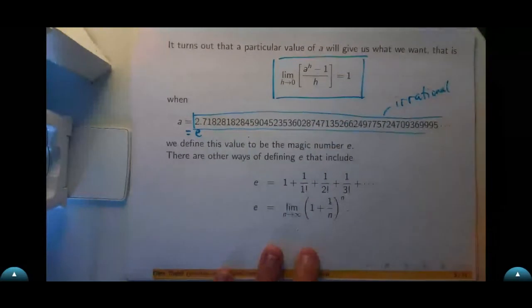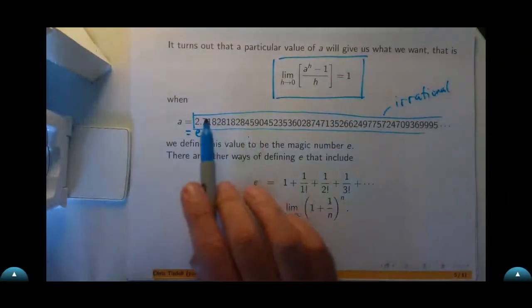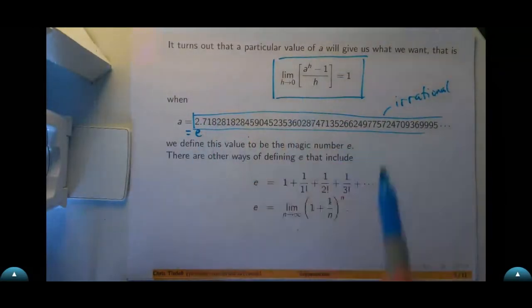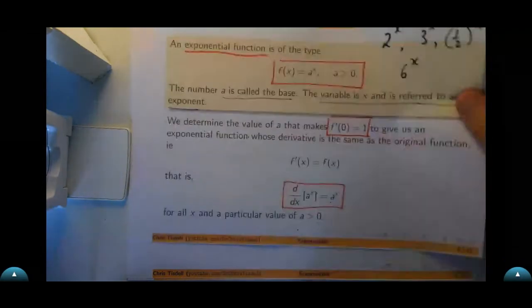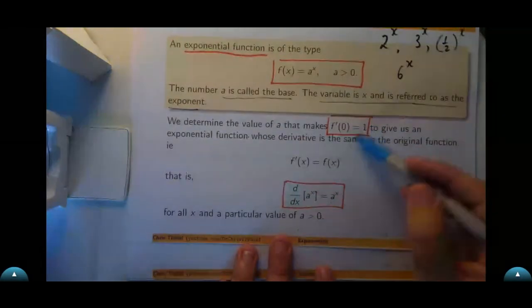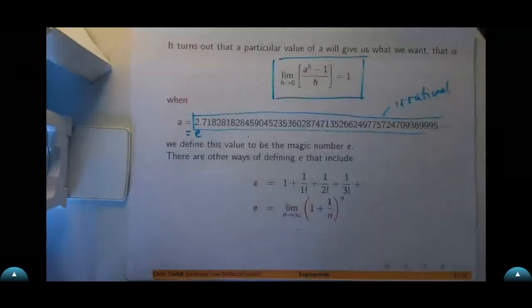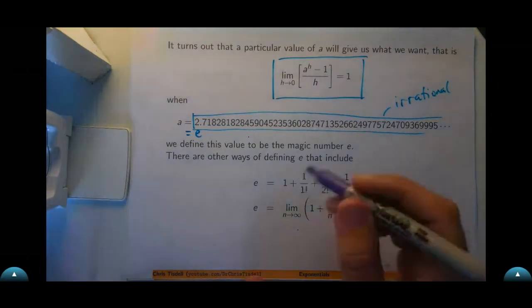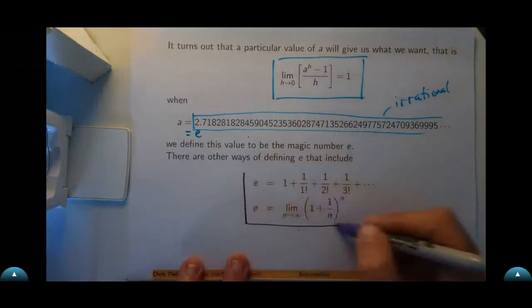It goes on, it doesn't terminate, and it doesn't repeat. And this is actually the number that gives you this and this. Now, there are other ways of coming up with this number. These are a few.